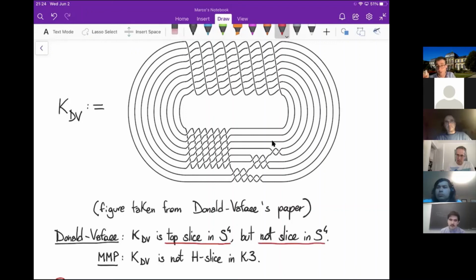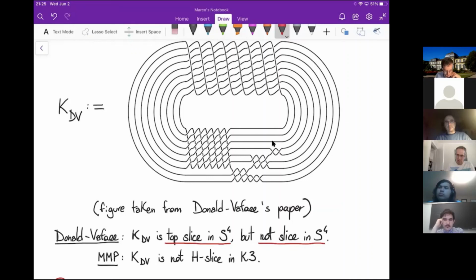But for the other knot that we found, the right-handed trefoil, it is neither topologically slice nor smoothly slice in S4. So when we showed that it is topologically slice in one four-manifold, but not in a homeomorphic four-manifold, then we actually said something interesting about the smooth structures on that four-manifold.